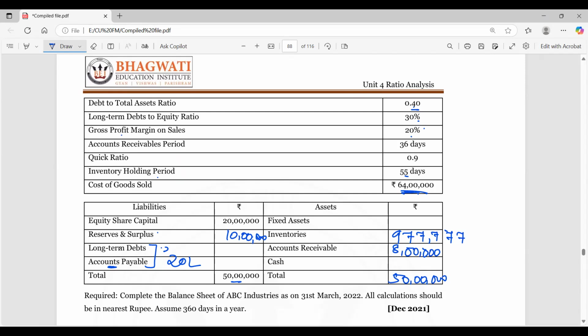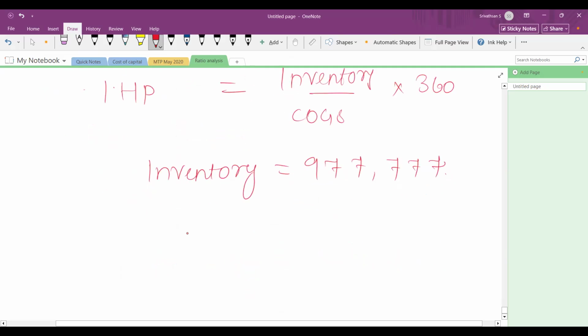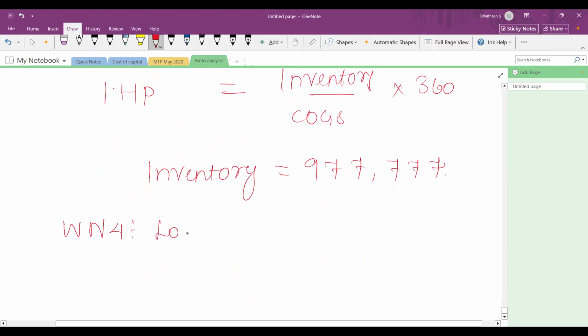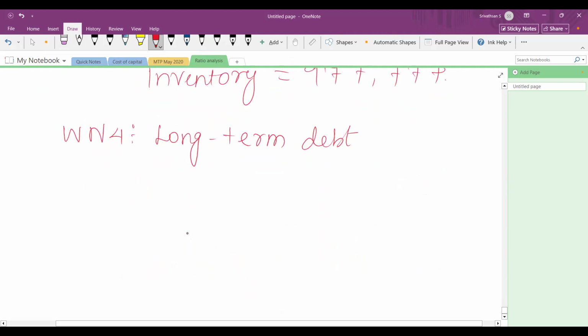Here now we can use the long-term debt to equity ratio to calculate long-term debt. Working note number 4, long-term debt. Long-term debt to equity is equal to 0.3.